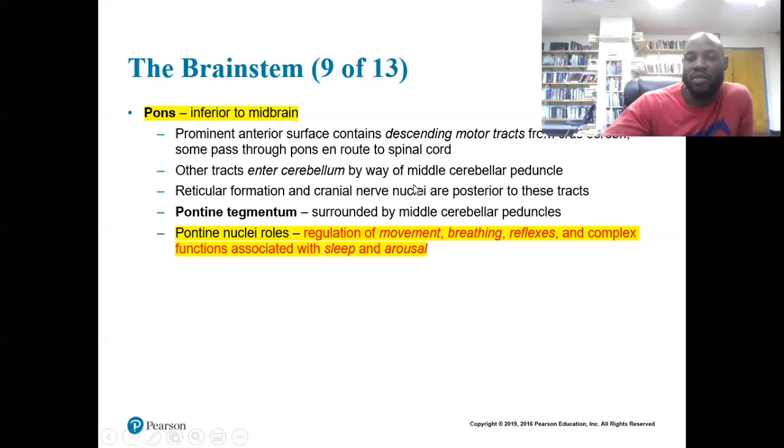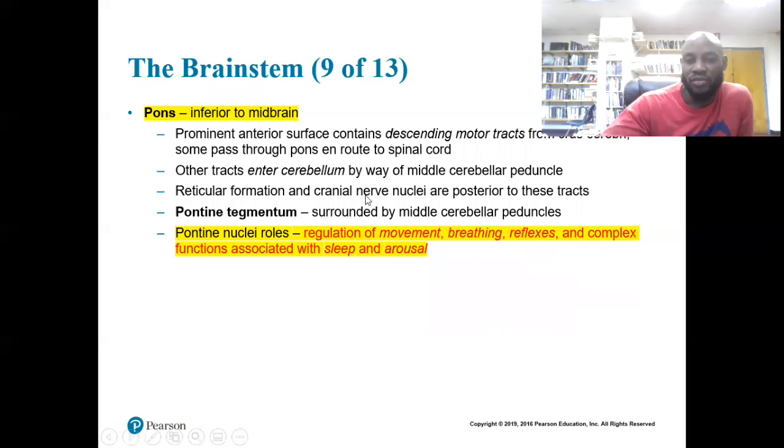After the midbrain, we get to the pons. Its prominent anterior surface contains descending motor tracts. Motor, once again, tracts, myelinated axons, descending motor tracts from the crus cerebri. Some pass through the pons and route to the spinal cord. Others enter the cerebellum by way of the middle cerebellar peduncle.